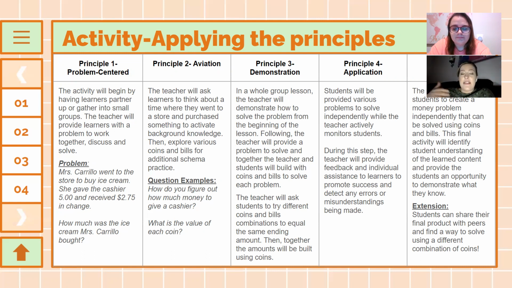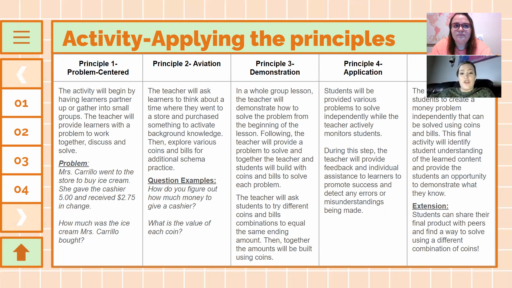And during this, the teacher is not asking the students to solve these problems on their own. It is complete modeling. While the teacher is modeling this, the students are modeling it firsthand at their tables with coins at the same time, or drawing it. It doesn't have to be little coins, but solving it simultaneously with the teacher, just building lots of modeling. And then we move on to the application.